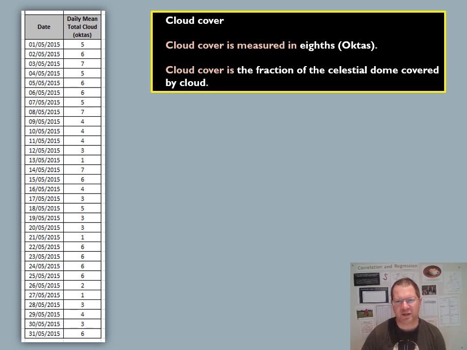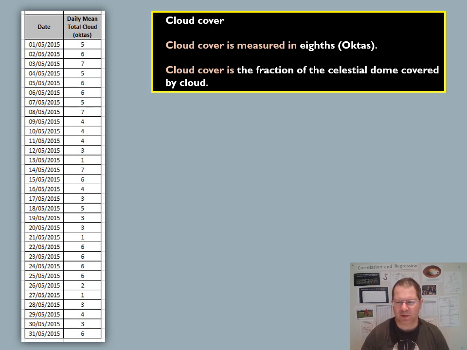Cloud cover is discrete. It's measured in eighths, or octas. Obviously, octagon, well, October does come from the number 8, however confusing that might be. And cloud cover is the fraction of the celestial dome covered by cloud.